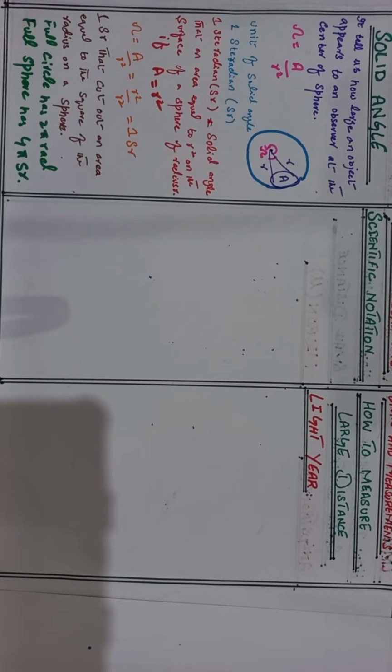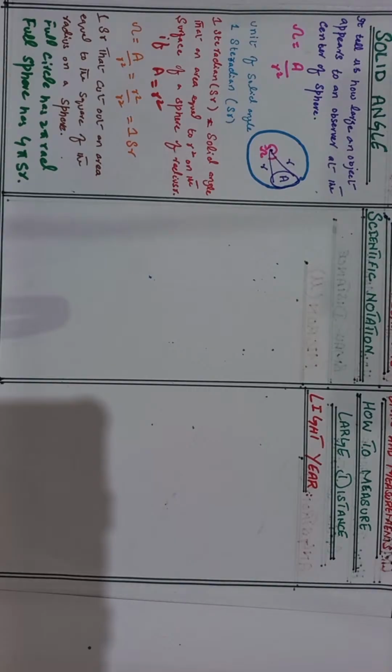What is the solid angle? Solid angle tells us how large an object appears to an observer at the center of the sphere. If we talk about the circle, then the full angle is 2 pi radian. And if we talk about the sphere, then the full angle is 4 pi steradian. So this is all about the solid angle.